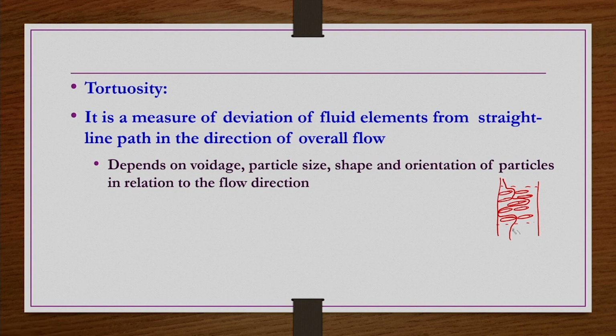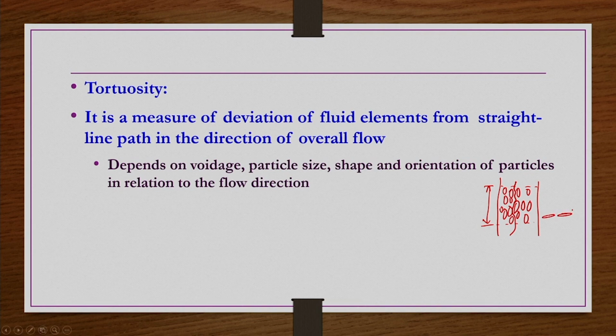So that is the reason the orientation of particles in relation to the flow direction is also essential. Let us say the same bed, the same needle like particles, are packed parallel to the flow direction like this. Then the distance the fluid has to travel will still be higher than the height of the column, but less than the case where these particles are oriented in the normal direction.